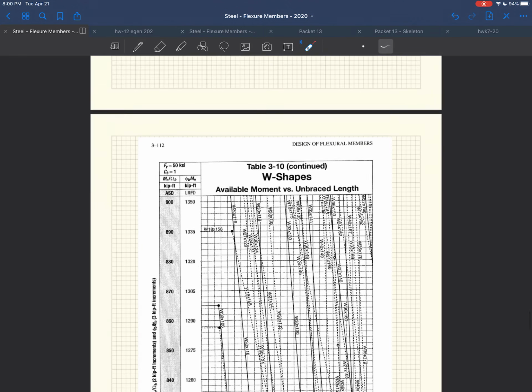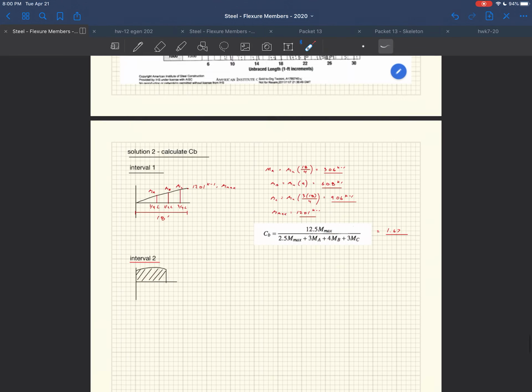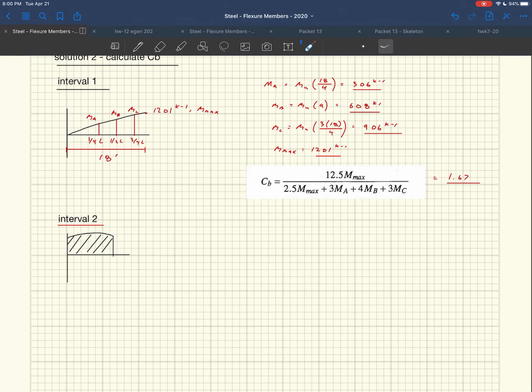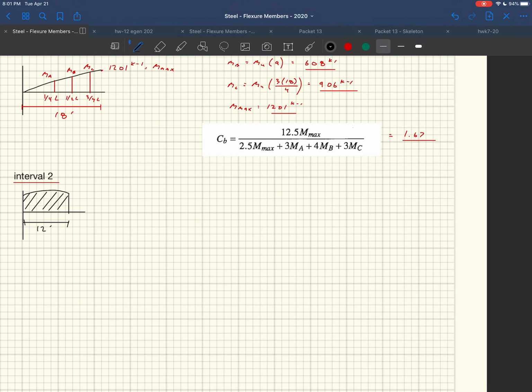And we're going to see the results of that. So that's what that middle one is going to be. And this distance right here is 12 feet. And so I'm going to leave that to you to calculate what that CB is.